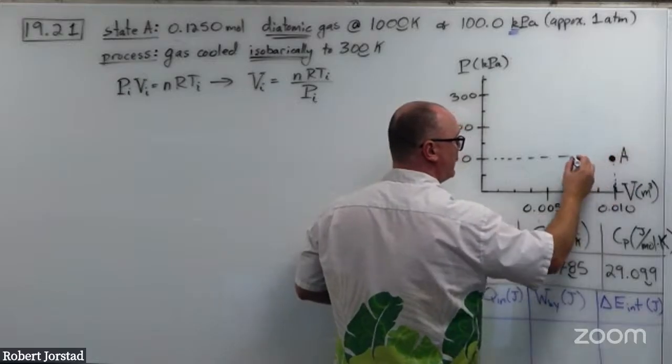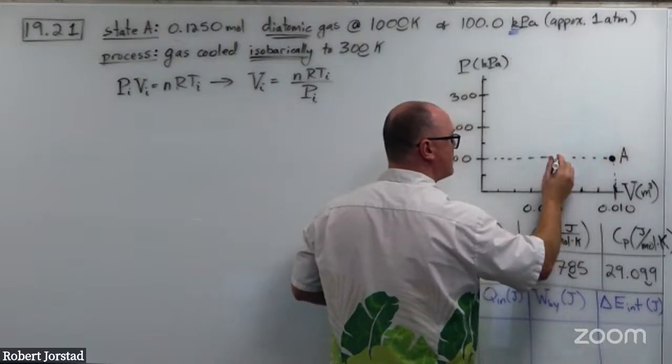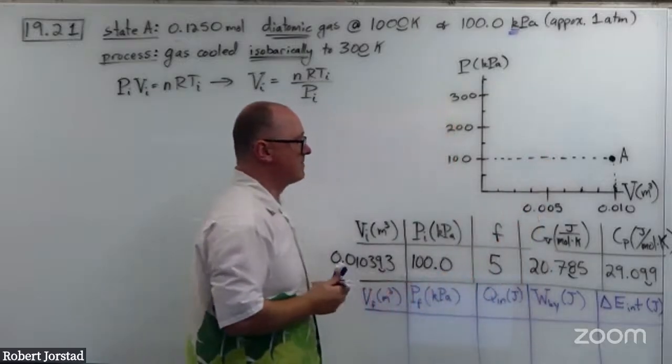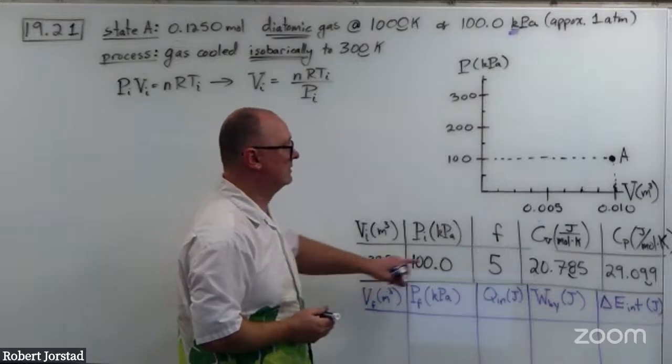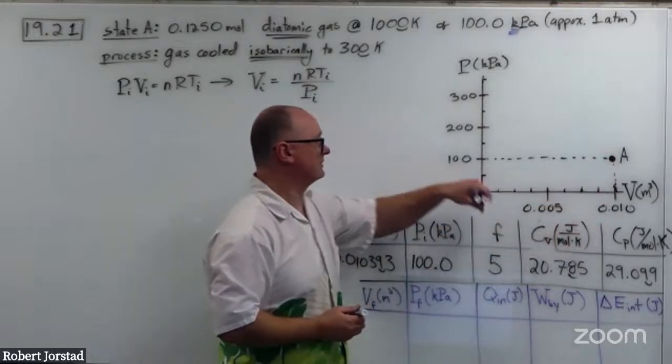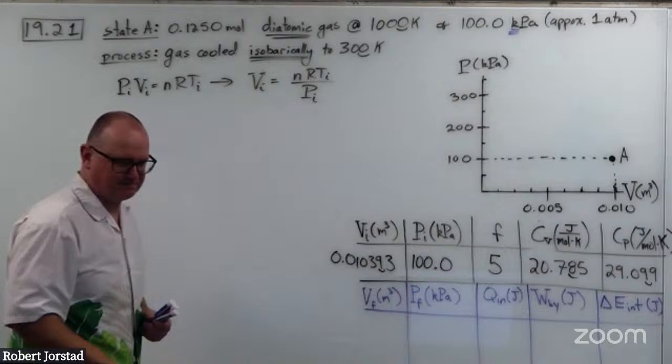So that's point A. Basically almost exactly spot on 0.010 and 100. So there's point A. Great.